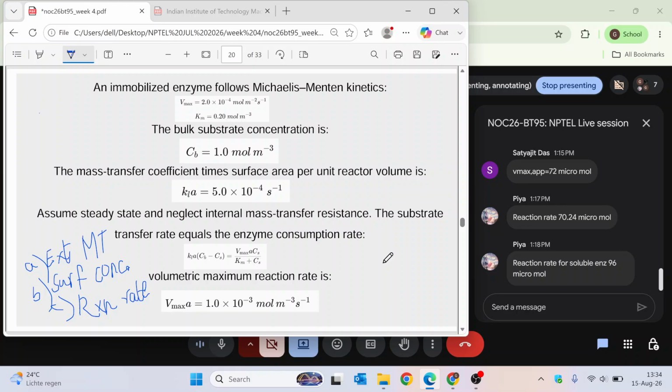From the given data, you have to find the external mass transfer, surface concentration, and the reaction rate.